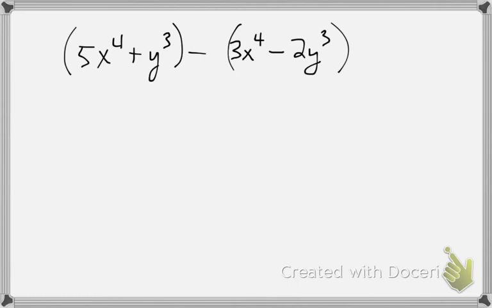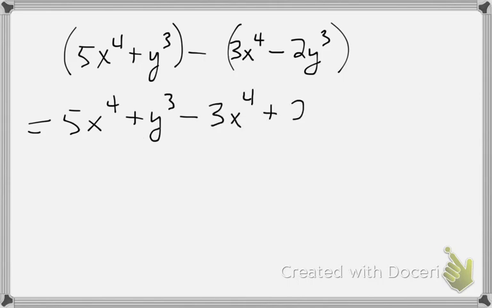Can I take those two polynomials and subtract them? Why, yes. Yes, I can. What do you think this looks like? How about we distribute that negative through the second set of parentheses.